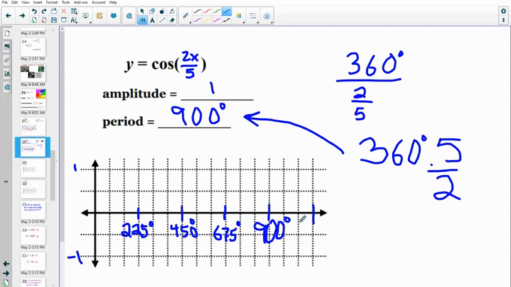And then 225 more than 900 would be 1,125 degrees, which I don't need to put on there. I just need to have one full period, but why not? Here we have a cosine graph, and so because it's a positive cosine graph, it'll start off up at the top, similar to what we saw yesterday.